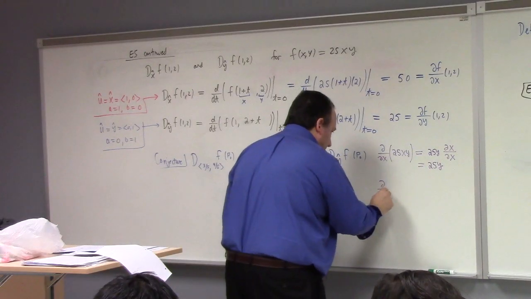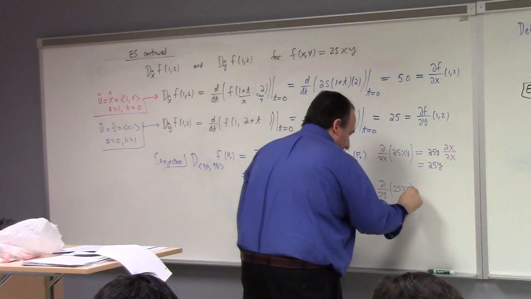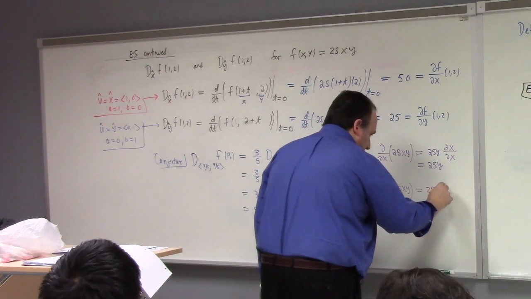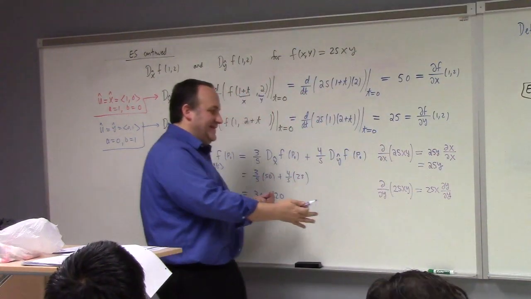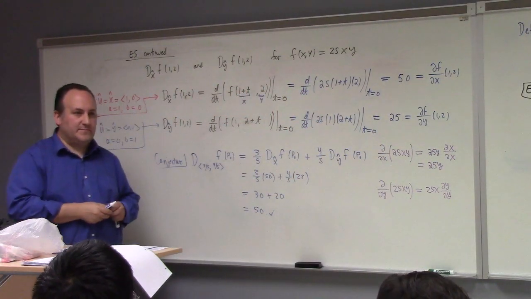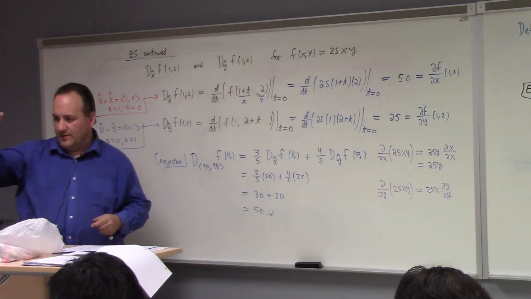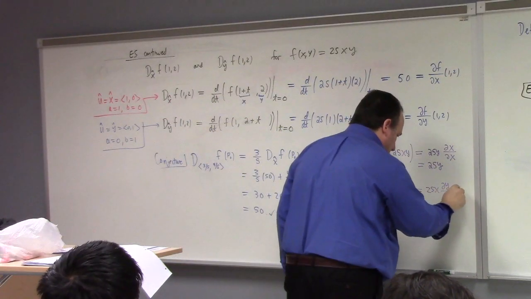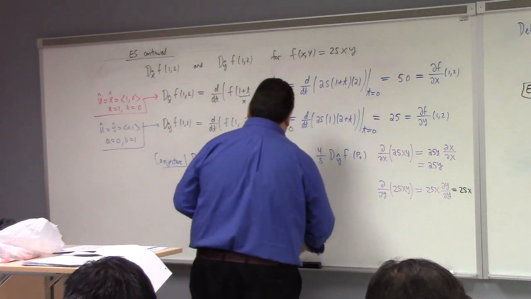On the other hand, partial y of 25xy is equal to 25x times partial y of y, because we're holding x as a constant while we're taking the y derivative. And so that is 25x.